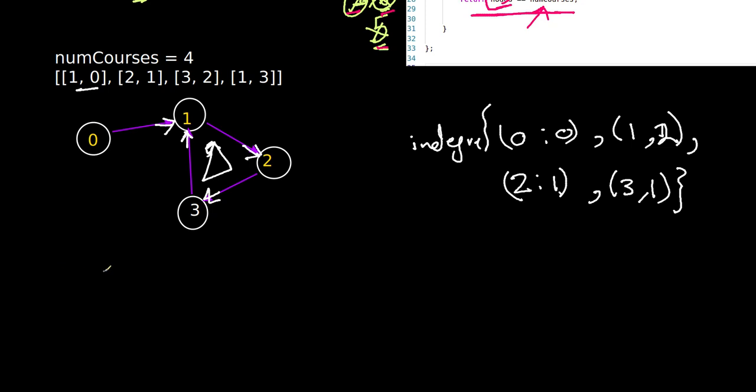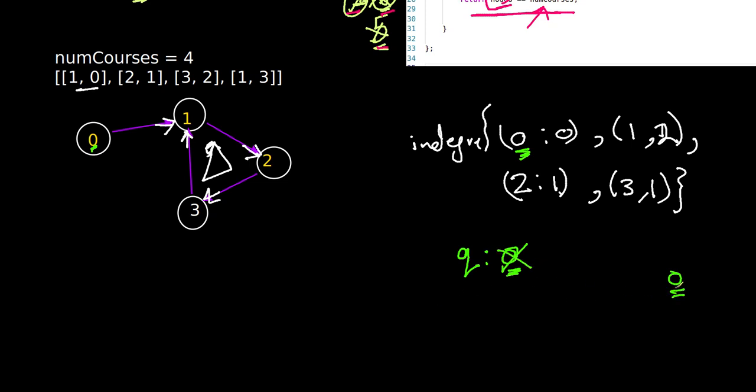Now we push to the queue all the nodes that have in-degree equal to 0, in this case node 0, and we iterate until the queue is empty. So the queue has value 0, and we pop value 0 from the queue.